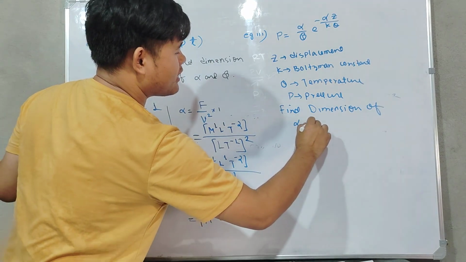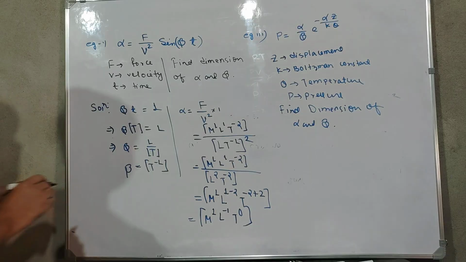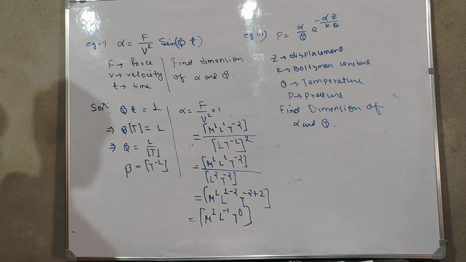So we have to find the dimensions of alpha and beta.